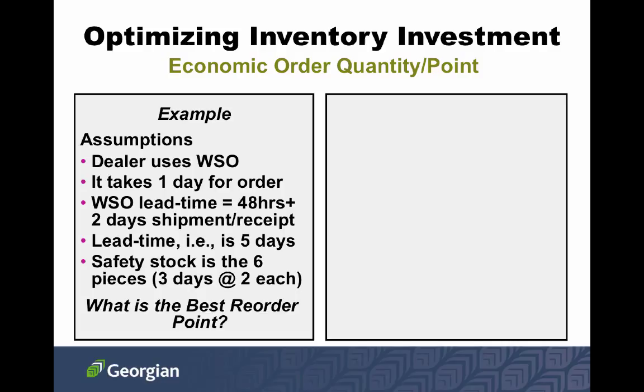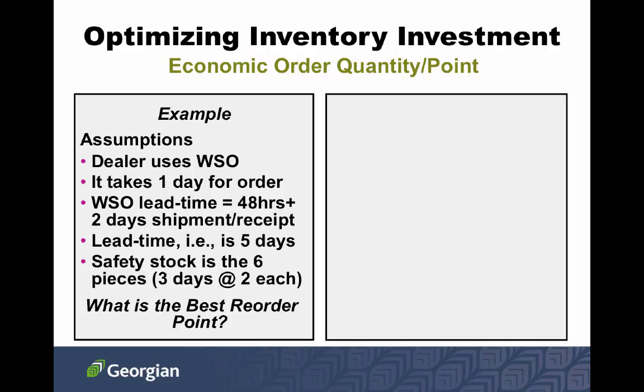And then the weekly stock order lead time, which used to be fairly common, maybe different for different manufacturers, was a guarantee that we'll ship it within 48 hours of receipt of the order, not counting the day the order was submitted, plus, depending on how far away from the parts distribution center I am, 2 days for shipment and receipt.